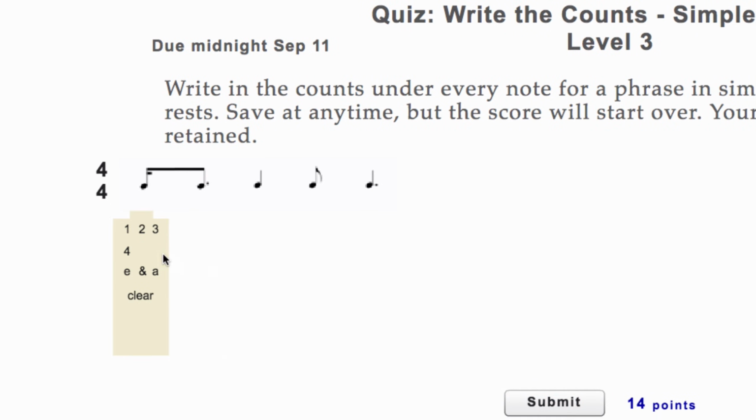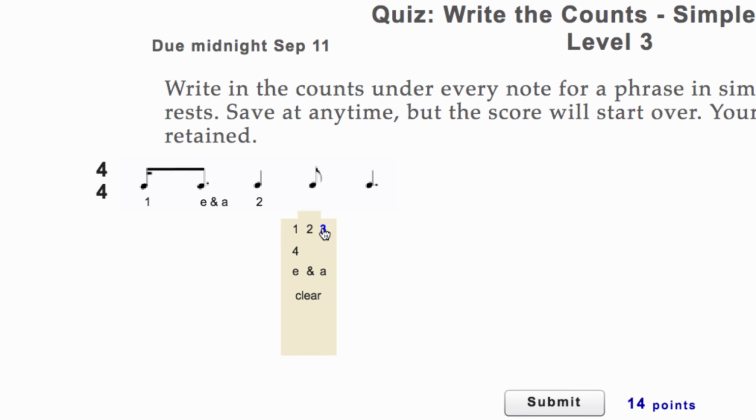4/4, or common time. We have 4 beats in a measure, and a quarter note gets 1 count. So I look at this and see, how is this related to the beat? This is a fourth of the beat, so I have to give it the first part of the count, 1, but I have to divide up the beat into 4 parts, so I need the rest of it, E and A, to be able to show the 4-part divisions. 1, E and A. Here, I can say 2 or 2 E and A. 2 means it gets the entire second beat.